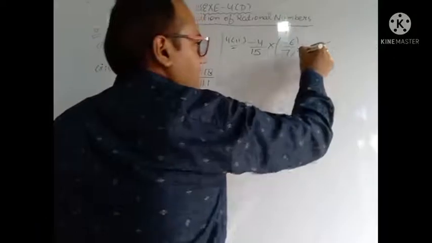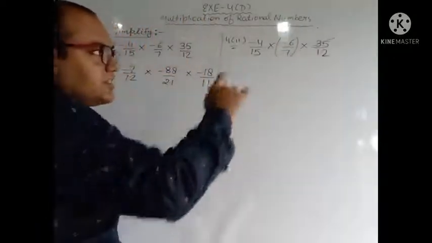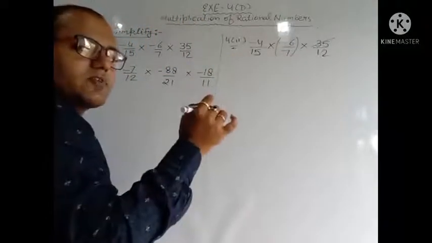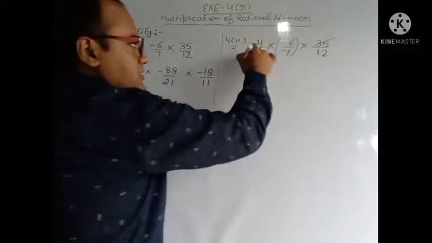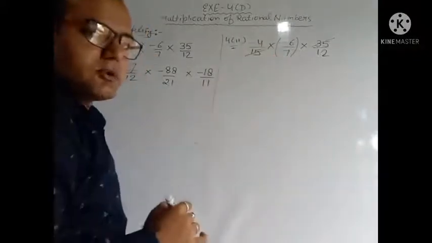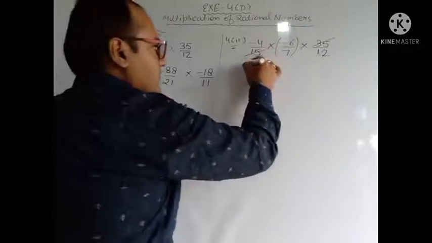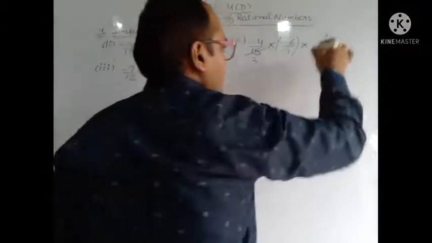This 35 is divisible by 5. This is in the numerator, so another number we have to cut in the denominator. This is the denominator number which is divisible by 5. So 5 threes are 15, 5 sevens are 35.